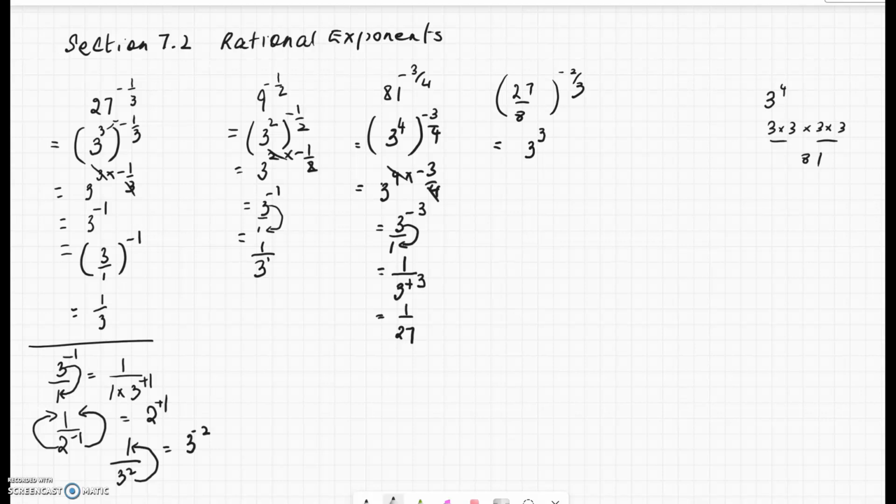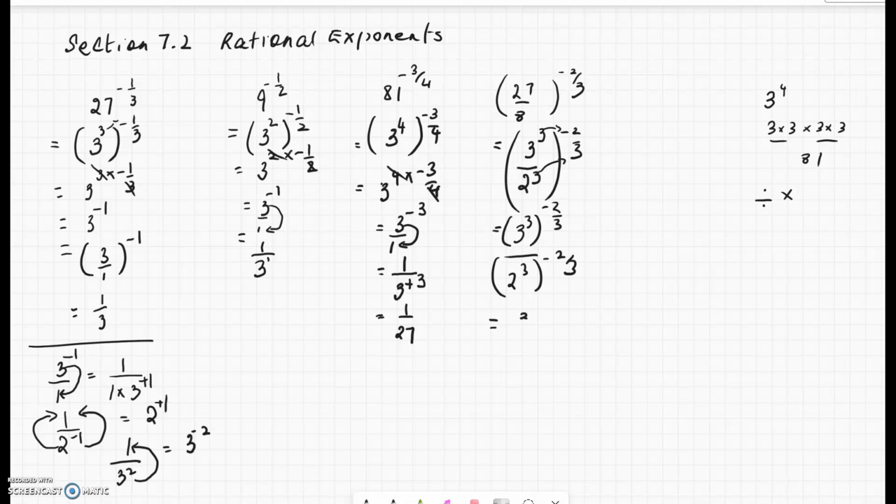27 is 3 cubed. 8 is 2 cubed whole to the negative 2/3. Whatever is inside the parentheses, whether it's multiplied or divided, just multiply each of those exponents with the exponent outside. So that would be 3 cubed whole to the negative 2/3 over 2 cubed whole to the negative 2/3.